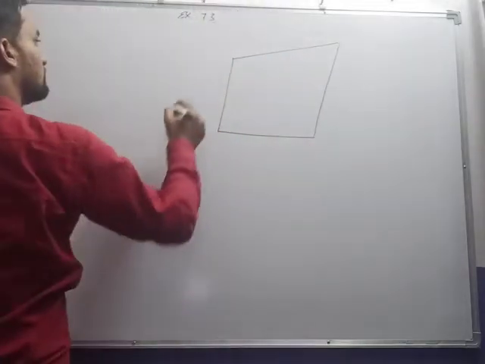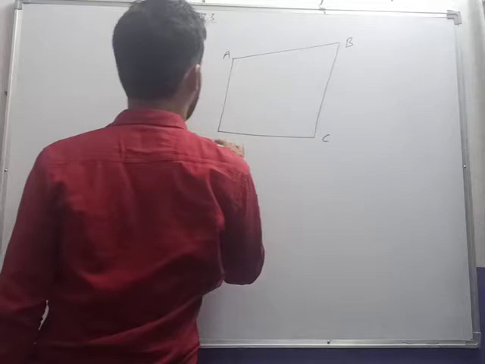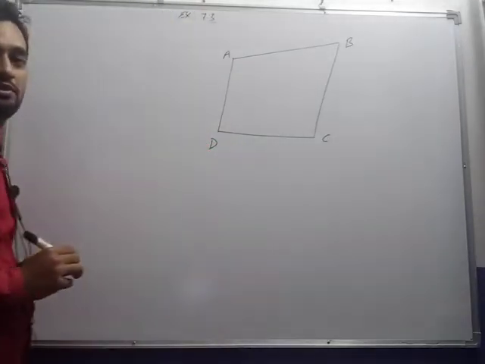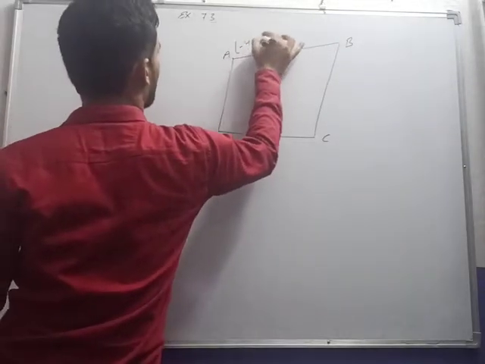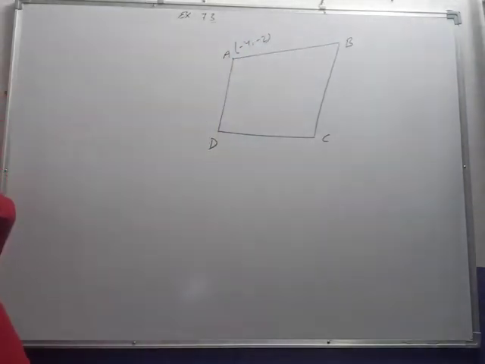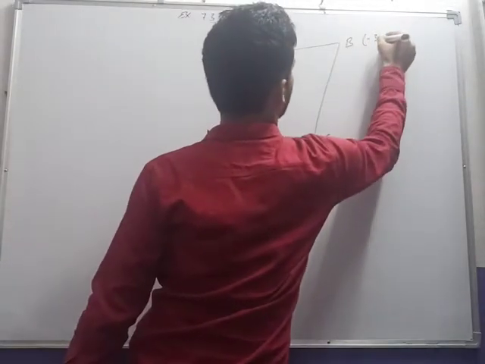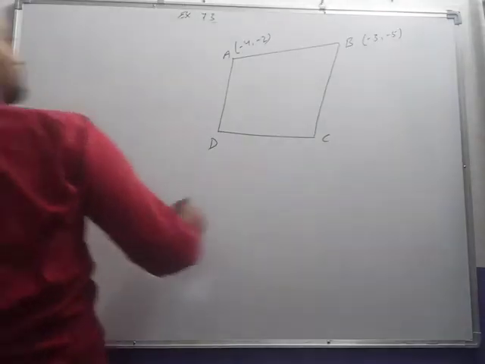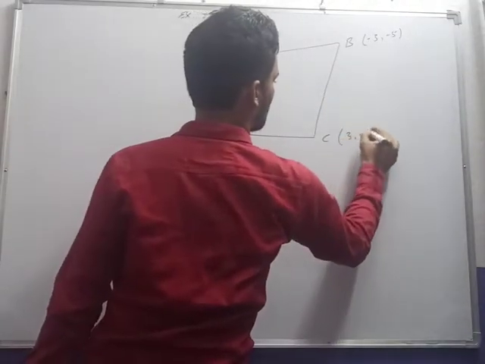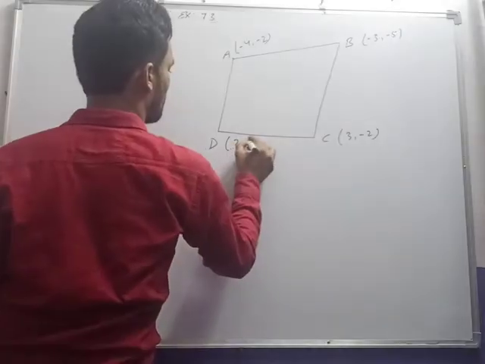Let this be A, B, C, D. A is (-4, -2), B is (-3, -5), C is (3, -2), and D is (2, 3).